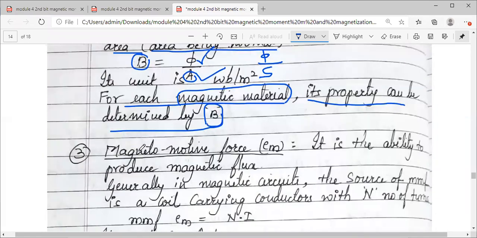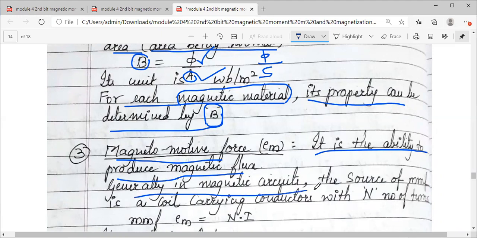Now, the third term that we come across is magnetomotive force, something like EMF. Here you get MMF. What is magnetomotive force? It is the ability to produce the magnetic flux. It is the ability of that particular circuit to produce this flux.